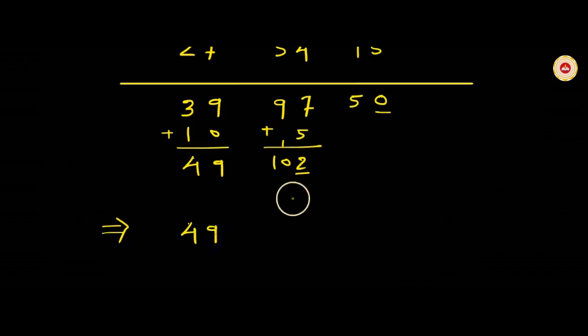Now friends, let us write final answer. 4, 9. Neglect this 10 because we have passed this 10 already to its left. Write 2 only, this digit. Neglect this 5, we have already passed it. Write 0. 4920. 4920 is answer.